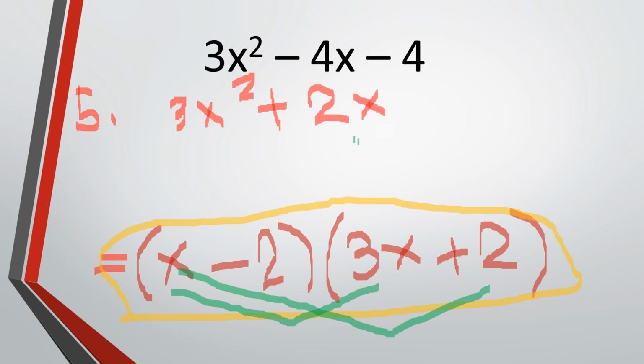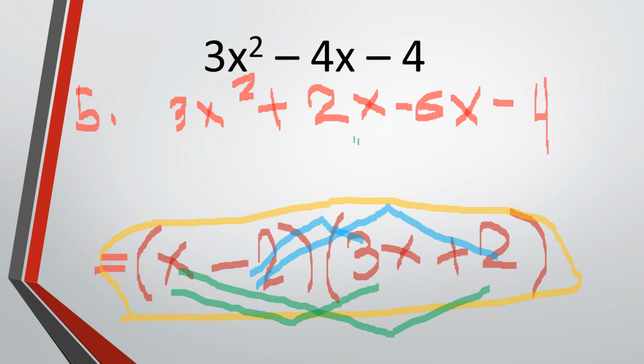Alright, now if you have negative 2 multiplied by positive 3x, the answer here is negative 6x. And if you have negative 2 multiplied by positive 2, the answer here is negative 4.